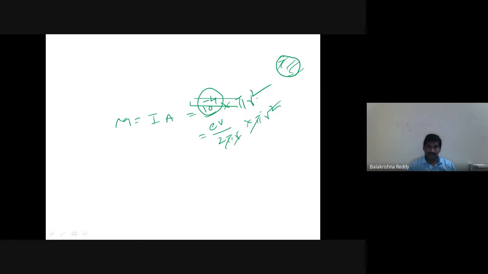The r square cancels, so we have e v by 2, where e is 1.6 into 10 to the power minus 19 and v given in the question is 2 into 10 to the power 6 meter per second.